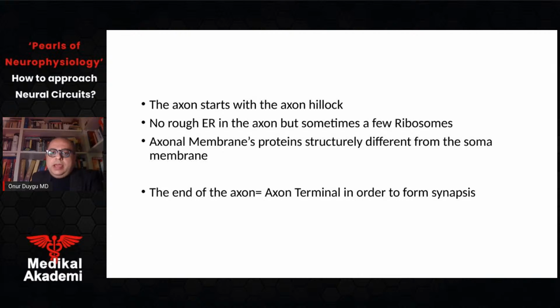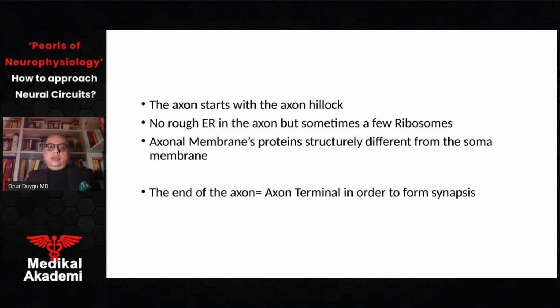But axonal membrane proteins are structurally different from the soma membrane, and include different proteins. And the end of the axon, the axon terminal, forms synapses, which is very important for neural transmission.